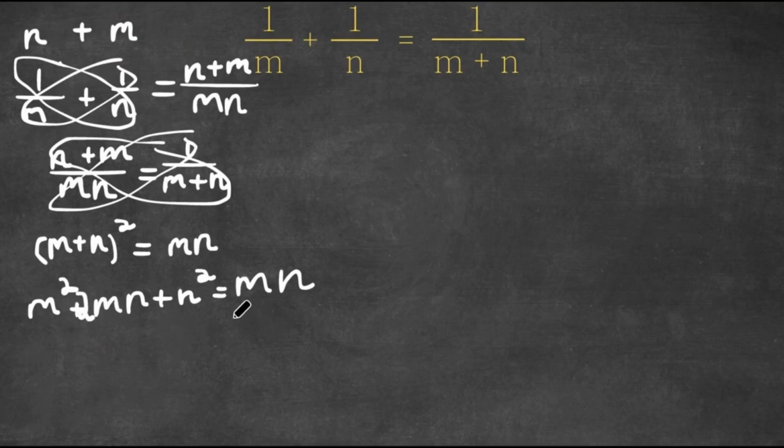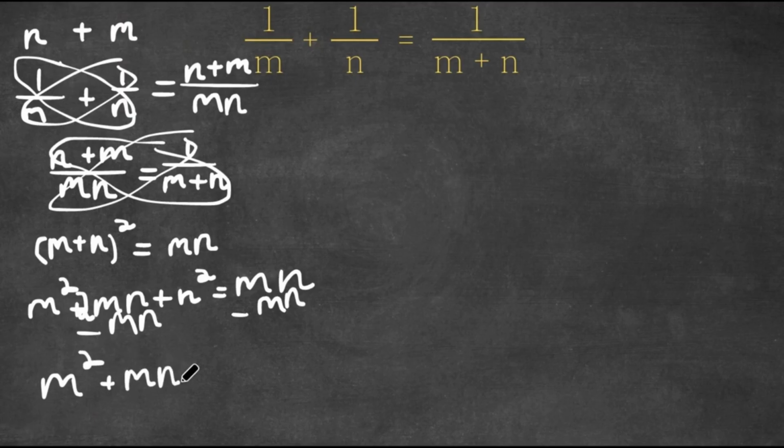Now if I subtract mn on both sides, 2mn minus mn is simply just mn. So we get m squared plus mn plus n squared is equal to 0.